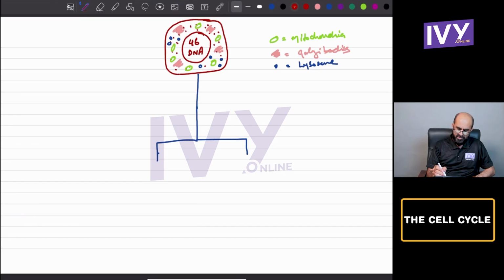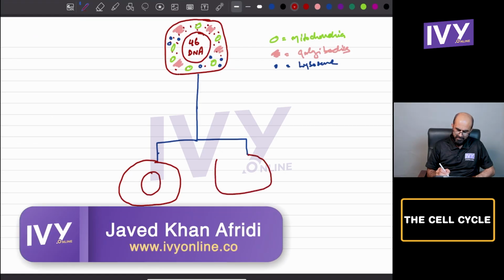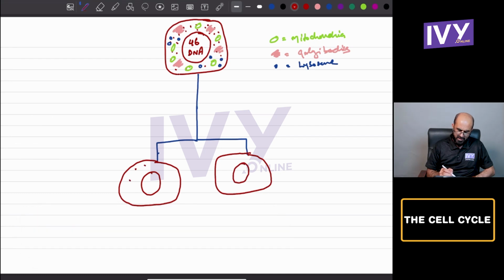Let's suppose this is one of the cells formed here, and this is the nucleus. Here, the other cell. Here's the nucleus, and here the cytoplasm contents. So if here is 46 DNA, then here should be 23, and then again 23. Here the mitochondria will also decrease in number.